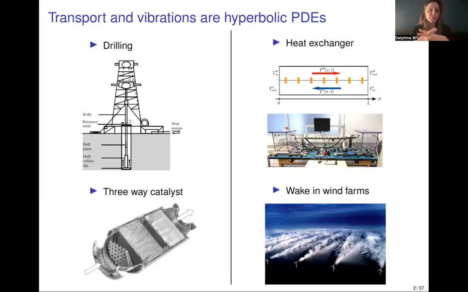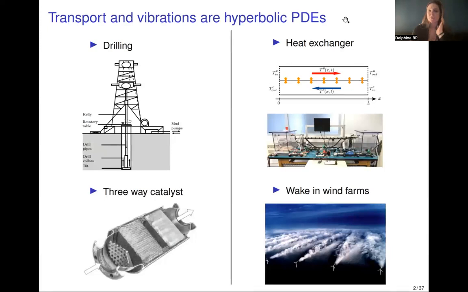Here are a few examples of physical systems that I had the opportunity to work on over the years, and which could be modeled in certain circumstances by hyperbolic PDEs. Let me start with the one that most of you know, which is heat exchangers.